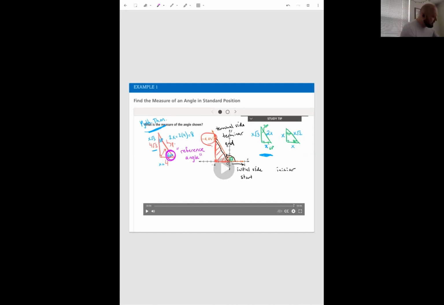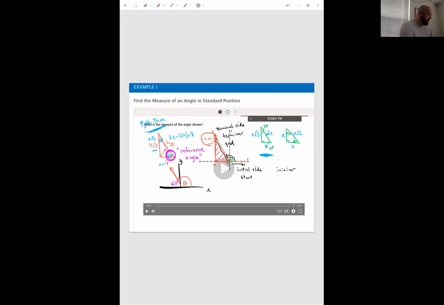So if I draw a little picture down here, this is going to represent my x-axis and this is going to represent my y-axis. And I know that my angle theta is somewhere over here. So angle theta is that, and that's how I get to it. But then I also have my 60-degree angle that's over here on this side.